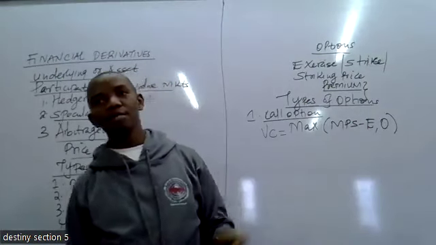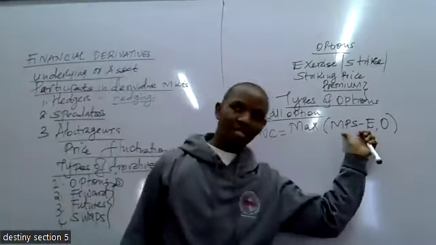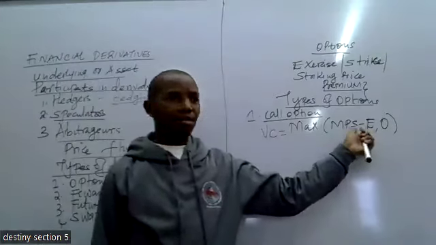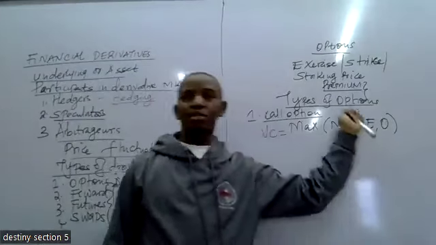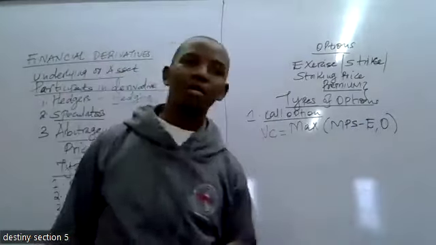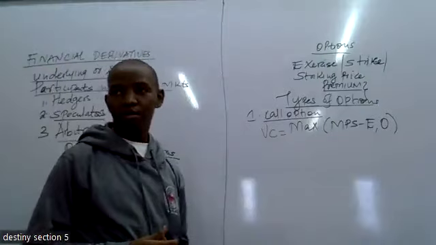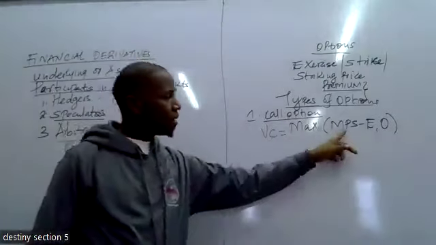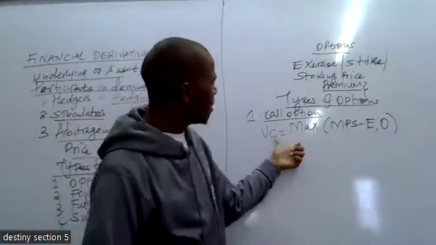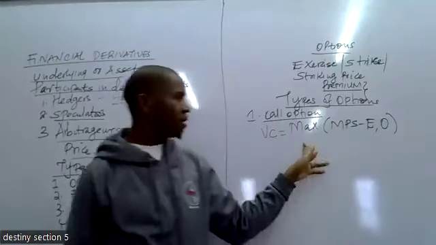The maximum is whichever is higher, so zero or the value that you get from there. That is the value of a call. You can write VC as the value of a call.